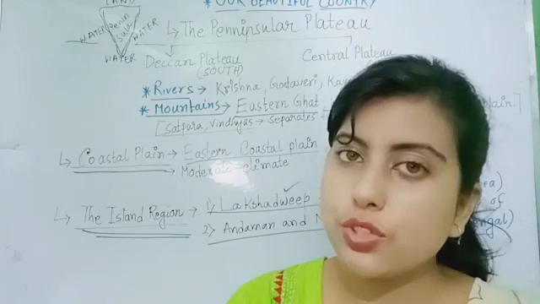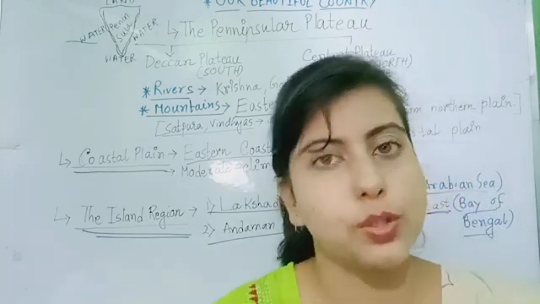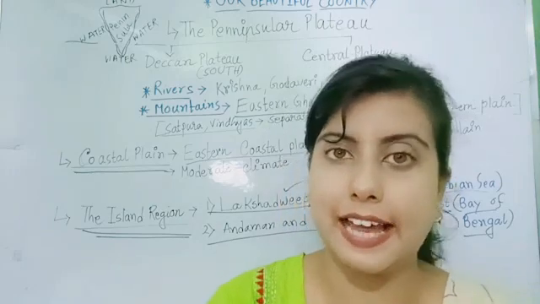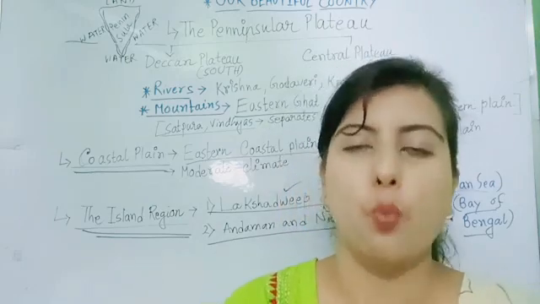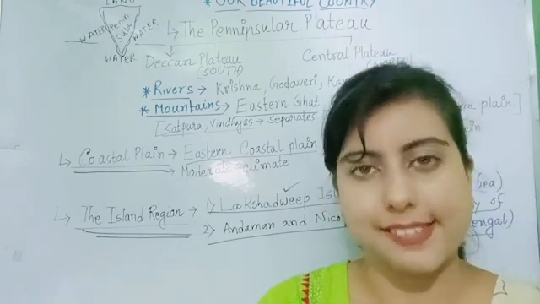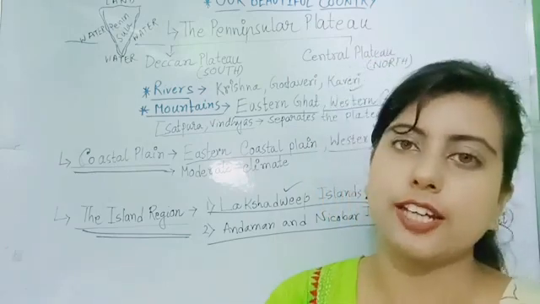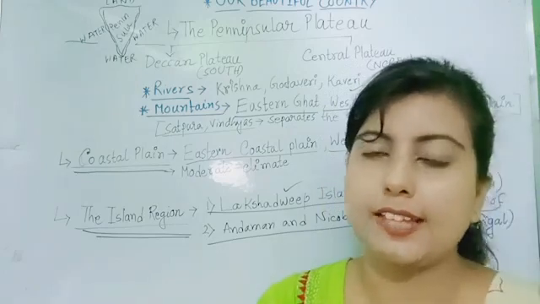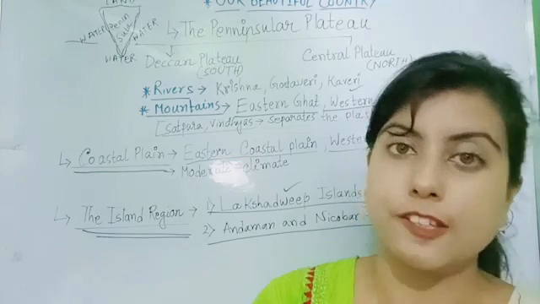It has mountains, it has plateau, it has plain, it has desert, it has island, everything in one country. So that is why we can say that our country is really beautiful. Our country India is so diverse in physical features.